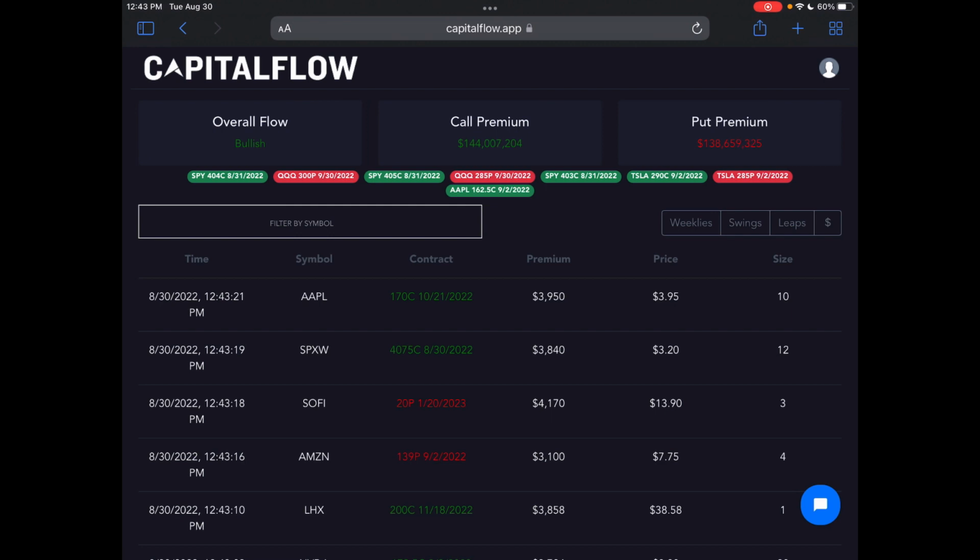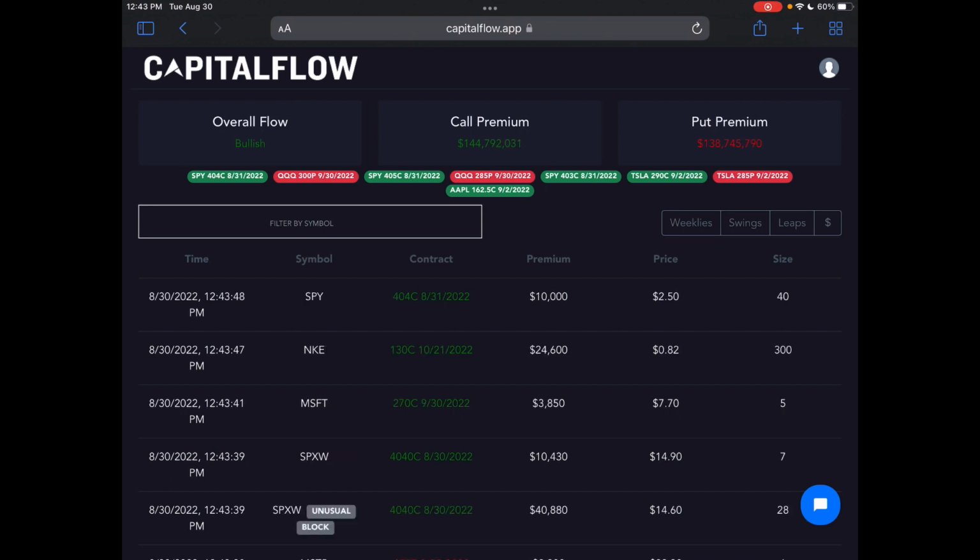And the reason why it's useful to see what they're buying in real time is because their trades are all based off of extremely high conviction, because in some cases they have access to the fastest and most advanced stock data and news available, or they have access to certain insider information with companies, basically just access to information that non-professional and retail traders like you or myself don't have access to.